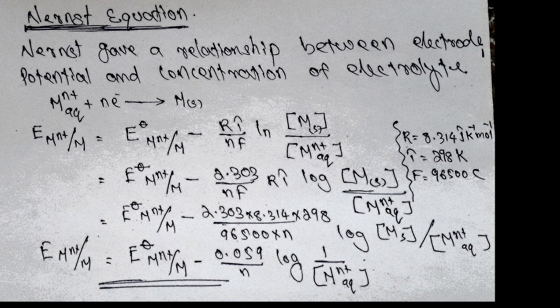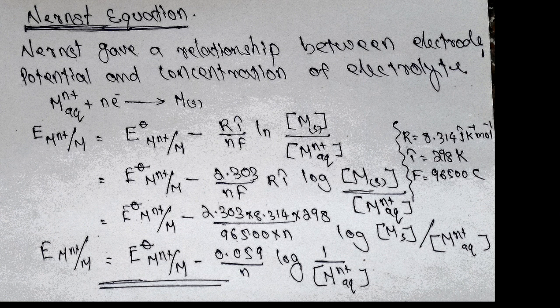Here R is the universal gas constant, 8.314. T is temperature, at standard condition it will be 298 Kelvin. F is the Faraday constant, 96500 coulomb. When you substitute all these values you will get the final equation.